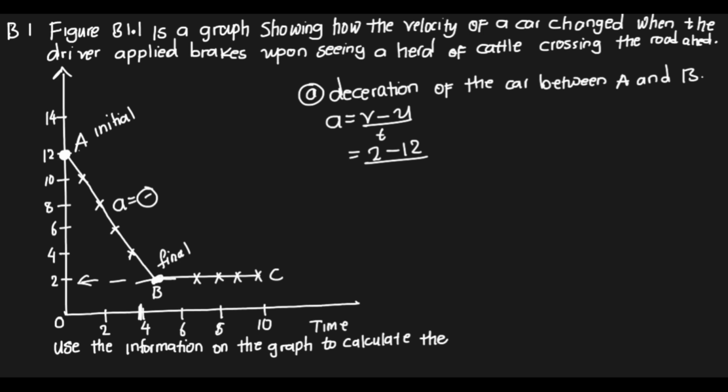Now the time taken from point A to B, we can see that here somewhere between 4 and 6. So we can see that here we have 5. So 2 minus 12 will give us negative 10 over 5. So if we divide 5 into negative 10, it will give us negative 2 meters per second squared. So this is our deceleration or negative acceleration.